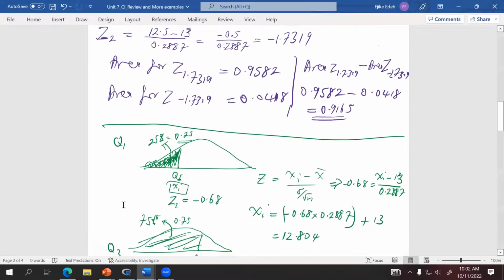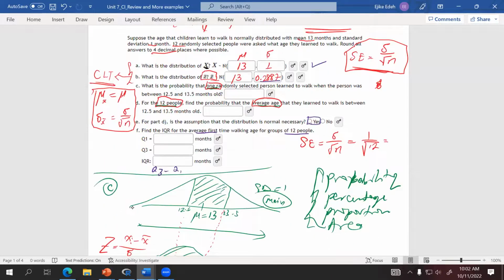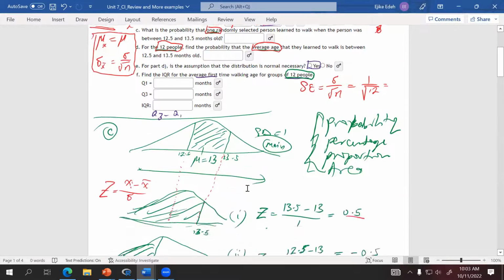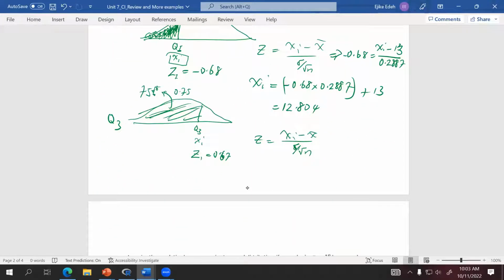But assuming this question has said, instead of 12 people here, assuming the question says one person randomly selected, right? Then we would have been using the standard deviation one. Right? So take notes of that. So again, we are using the standard error and not just standard deviation.